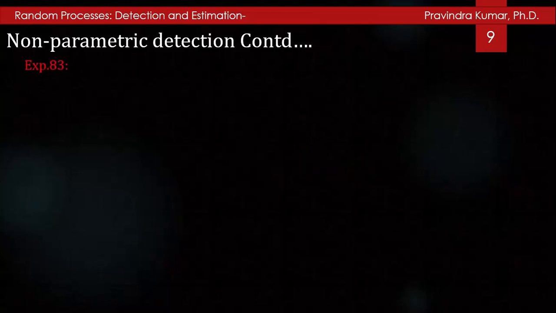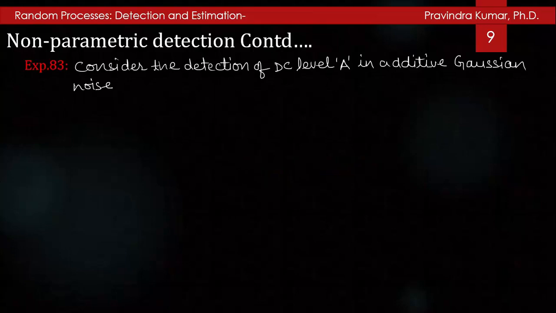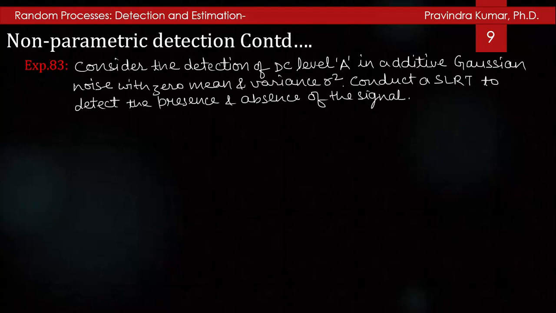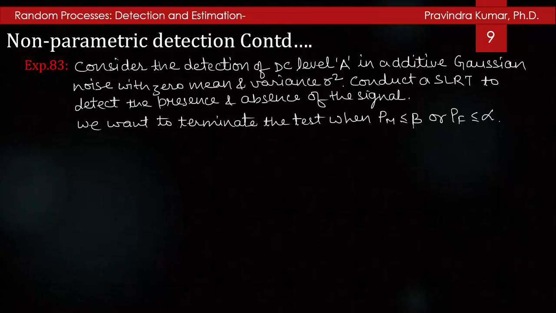Consider an example. Consider the detection of a DC level A in additive Gaussian noise with zero mean and variance sigma square. Conduct an SLRT to detect the presence and absence of the signal. We want to terminate the test when Pm is less than or equal to beta or Pf is less than or equal to alpha.